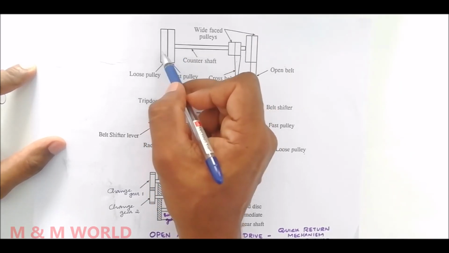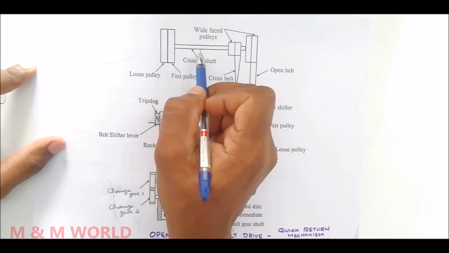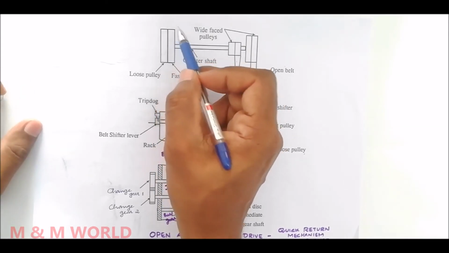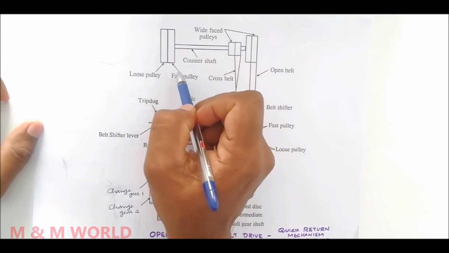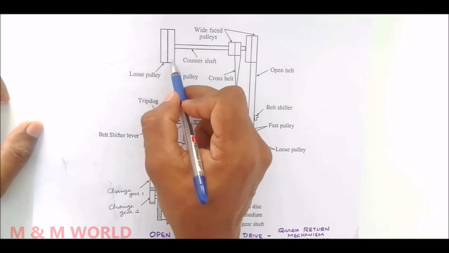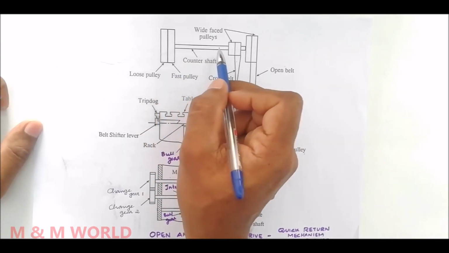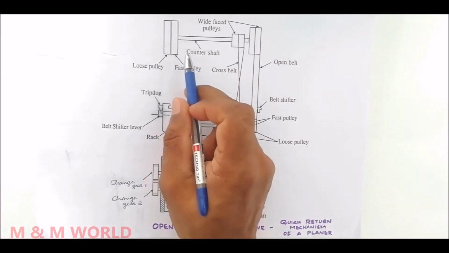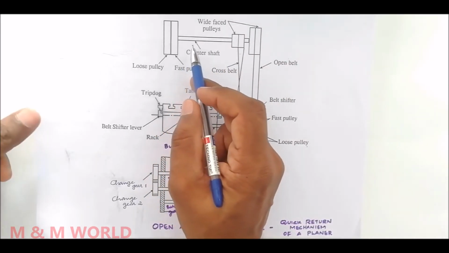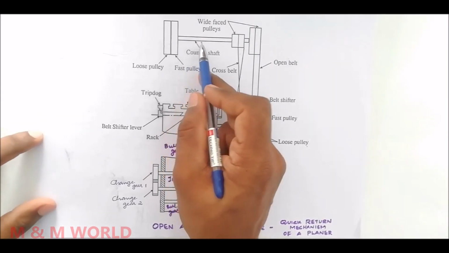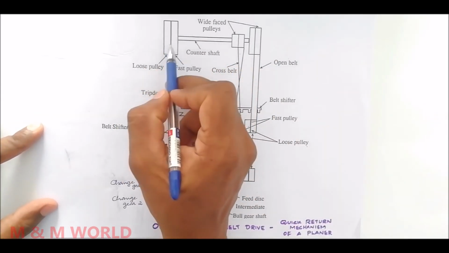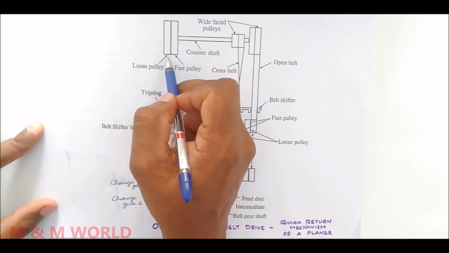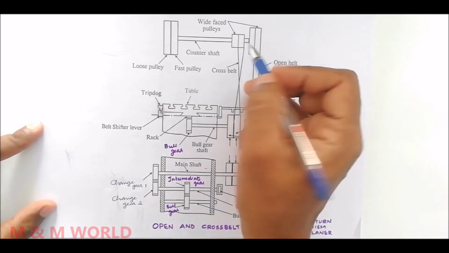That is, this pulley rotates but the counter shaft will not rotate. If the belt is connected to the fast pulley, what will happen? The pulley rotates and so the counter shaft also rotates. So the counter shaft can be started or stopped when required by shifting the belt from the loose pulley to the fast pulley or vice versa.